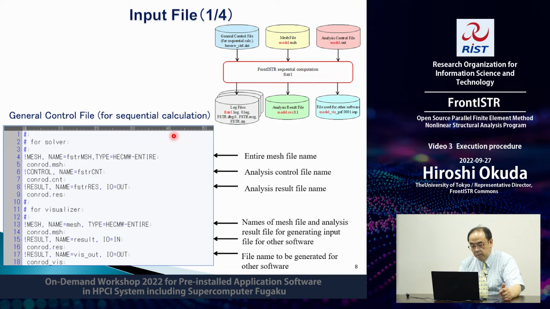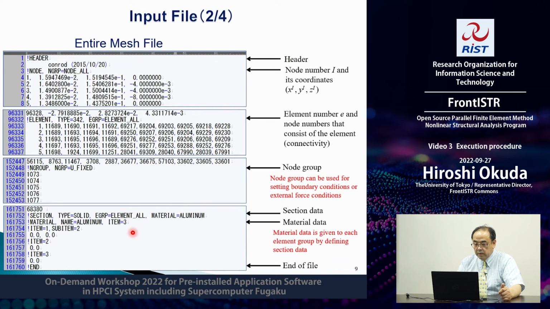Only the names of the input files or their directory paths are described in this file, so the size of the file is quite small. And the second file, the .msh mesh file, is like this.